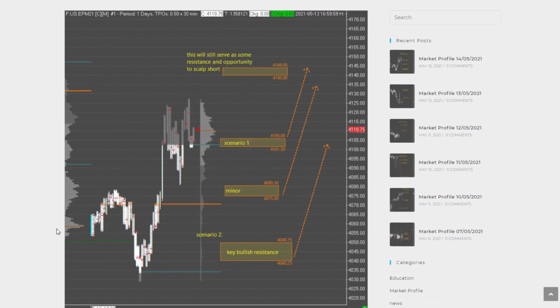So in this case, I'm more into looking for long entries, and the long entries are going to be put on the chart here. Sometimes you will have two scenarios. On Friday there was scenario number one, which was just to go long at this 106 to 101.50 zone.